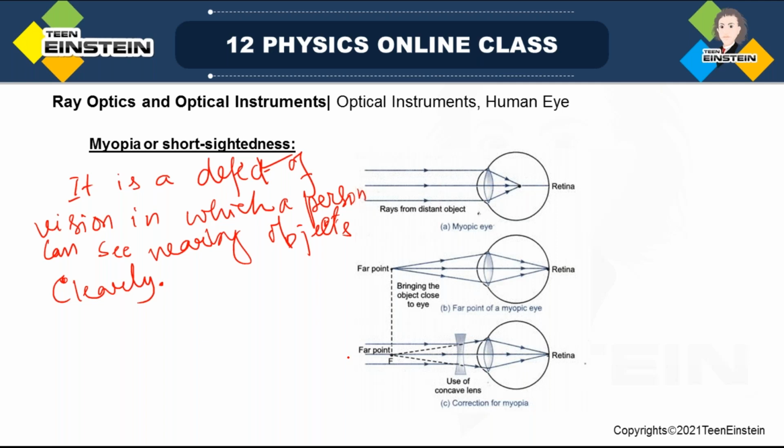And the second point is that the focal length of the eye lens becomes too short due to excessive curvature of the cornea.